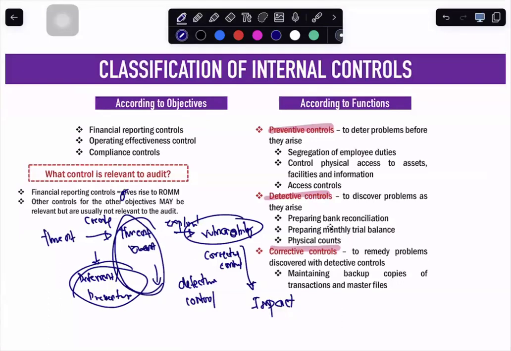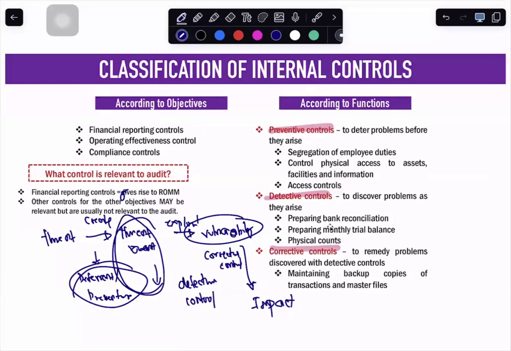But if we look into your IT, we don't only have preventive, detective, and corrective. We also have your compensating control, and then we have your deterrent control. So there are five control categories normally for IT, not only preventive, detective, and corrective. But the general setup is just the same.